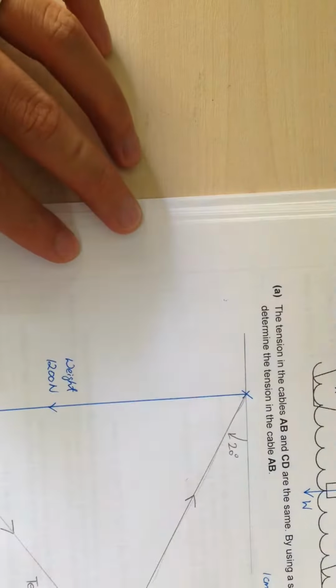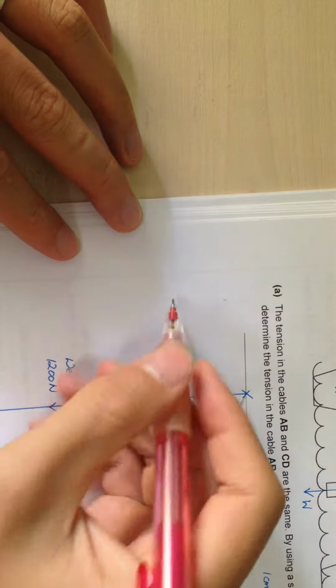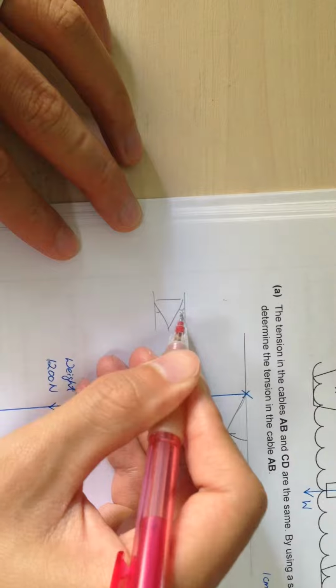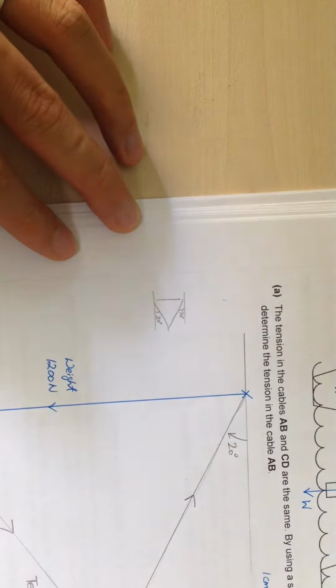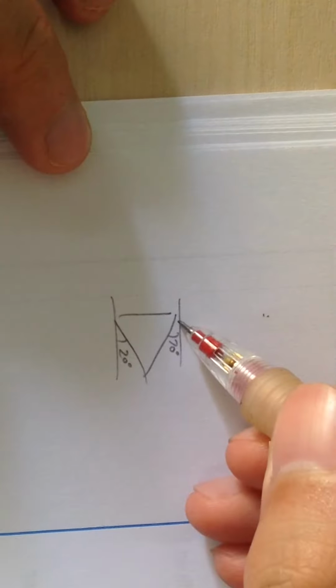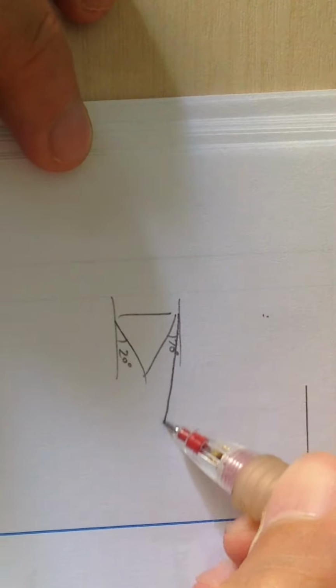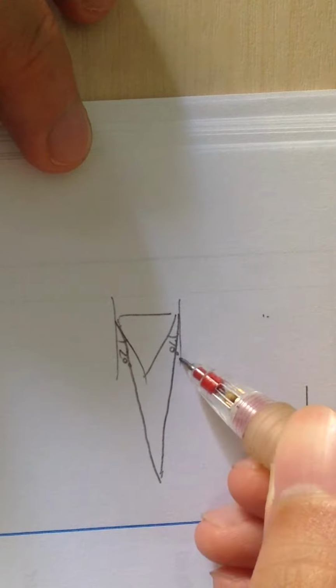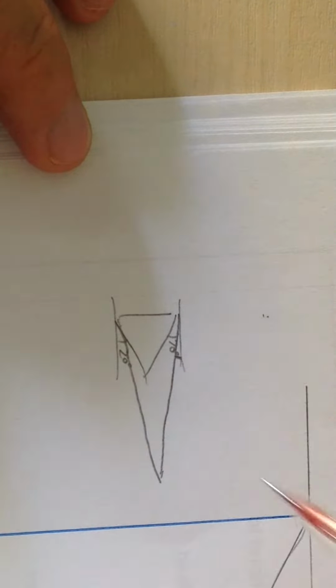So I'm going to sketch it. If your cable is at 20 degree, your triangle looks something like that. But if now your angle is becoming more horizontal, your triangle is going to elongate, as this angle becomes smaller and smaller.